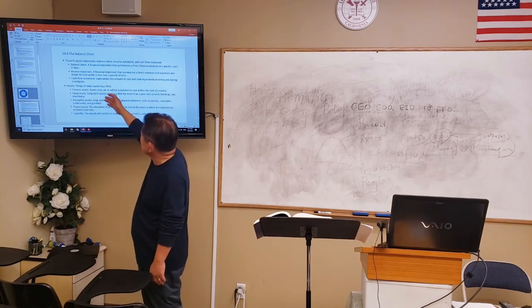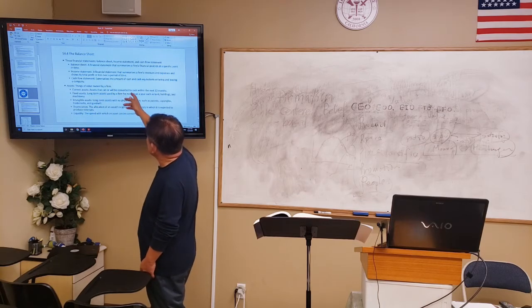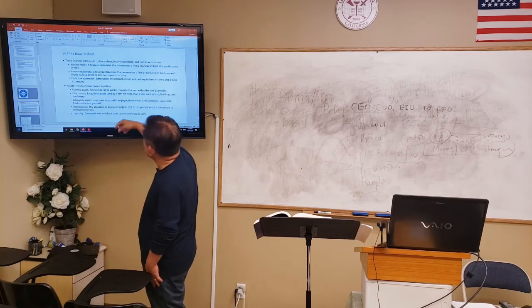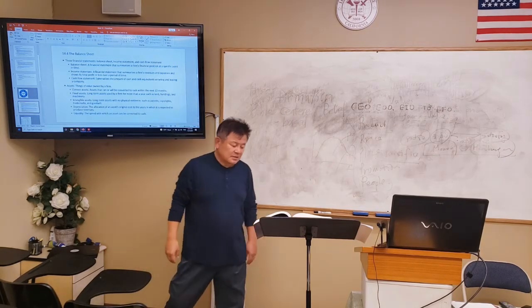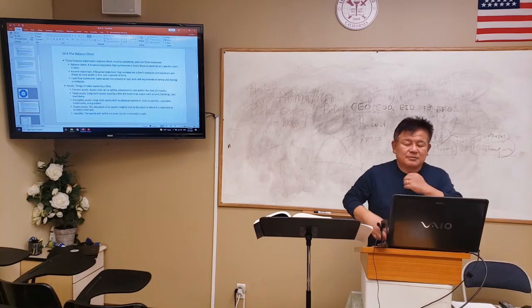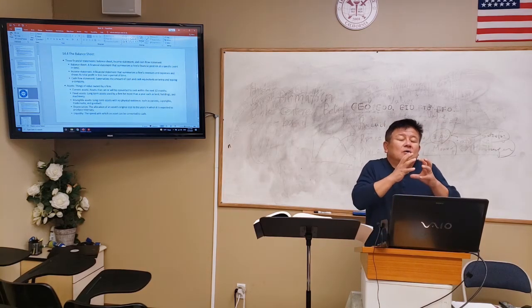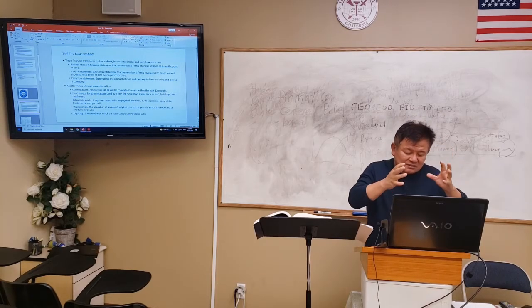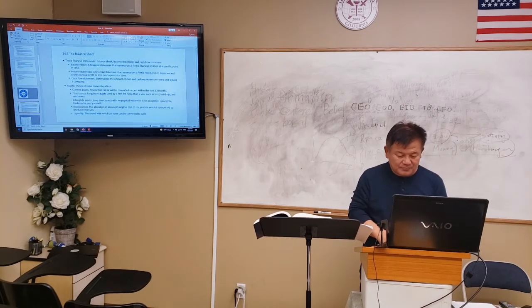And the cash flow statement summarizes the amount of cash and cash equivalents entering and leaving a company. This is the cash flow statement. So the cash flow statement is very important for outsiders deciding the company value because it summarizes the amount of cash and cash equivalents entering there.